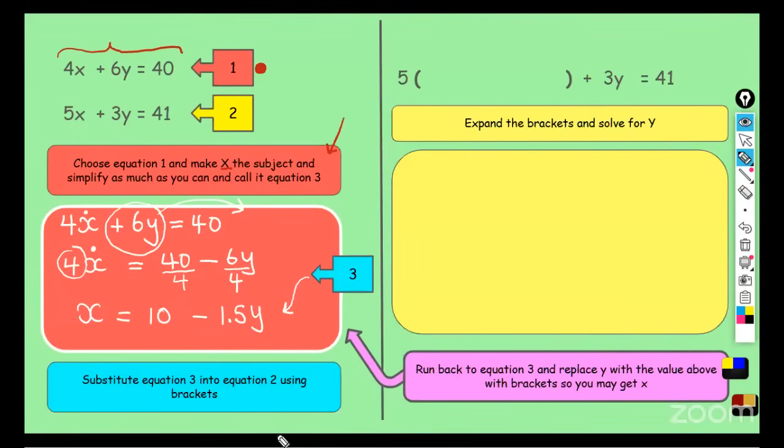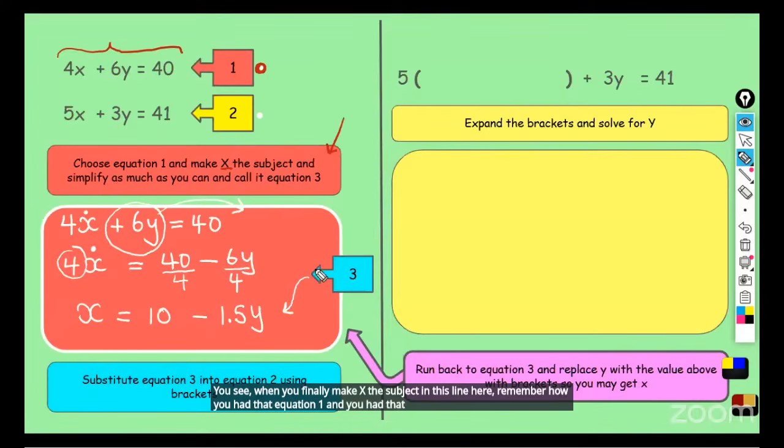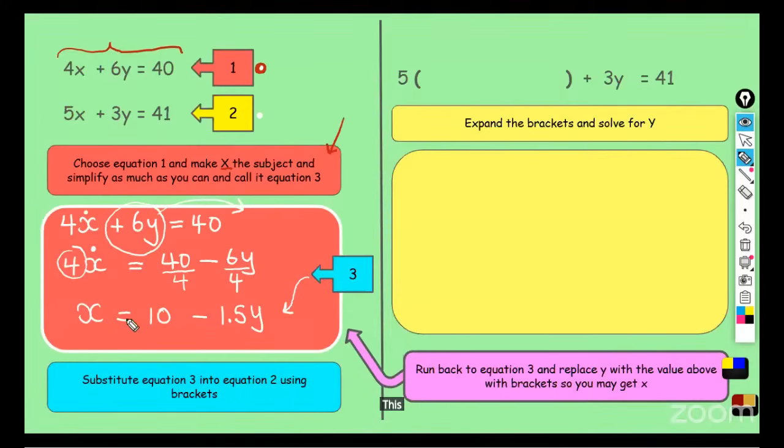Now, this is very important. You see, when you finally make X the subject in this line here, remember how you had an equation 1 and you had an equation 2? This equation where we made X the subject, label it. He is equation 3. And hear me now.